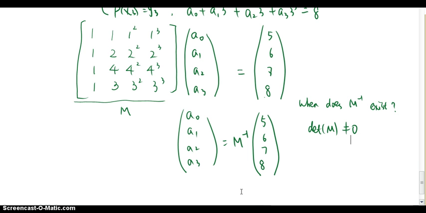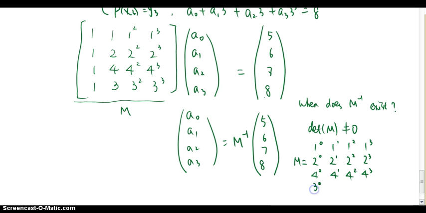So, okay, now we have to find out whether the determinant of this M is 0 or not. To answer this question, let's rewrite M a little bit. So I rewrite M to be 1 to the power of 0, 1 to the power of 1, 1 to the power of 2, 1 to the power of 3. Second row, 2 to the power of 0, 2 to the power of 1, 2 to the power of 2, 2 to the power of 3. Thirdly, 4 to the power of 0, 4 to the power of 1, 4 to the power of 2, 4 to the power of 3.